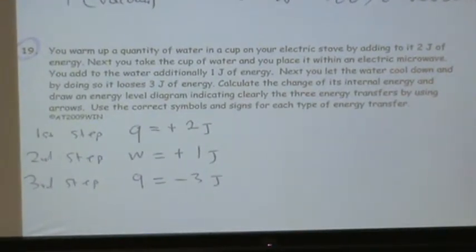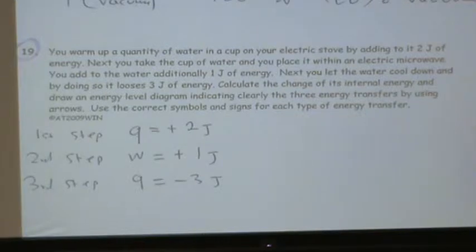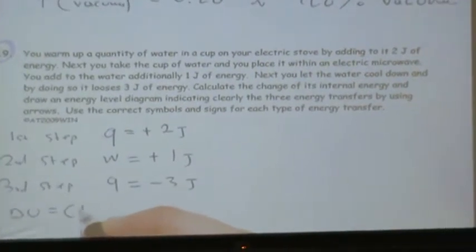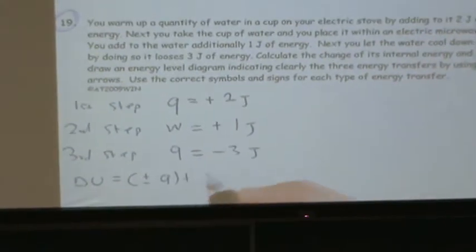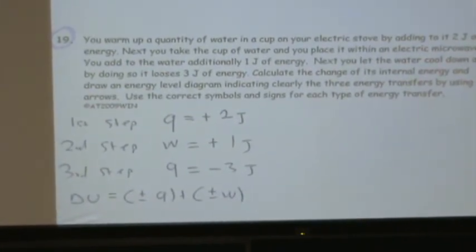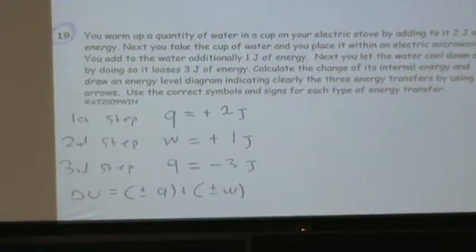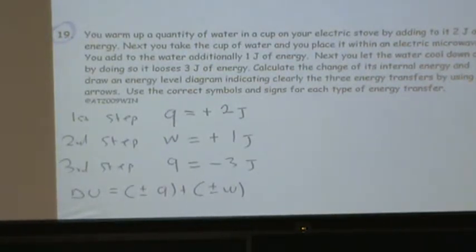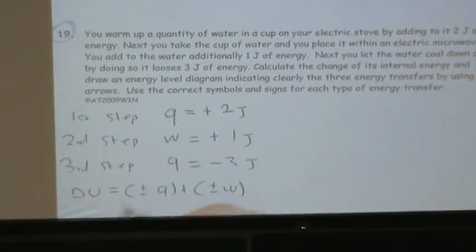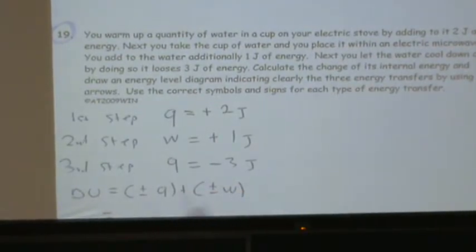Okay. So now if you want to find the total change of internal energy, you just follow delta U is equal to plus minus Q plus minus W. I like it this way. I think it's more clear. And so now this is going to be equal to, you've got quite a few Q's here.